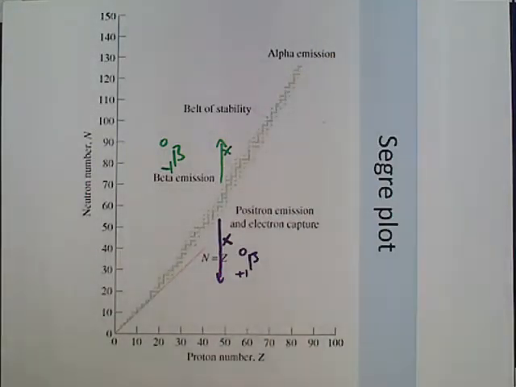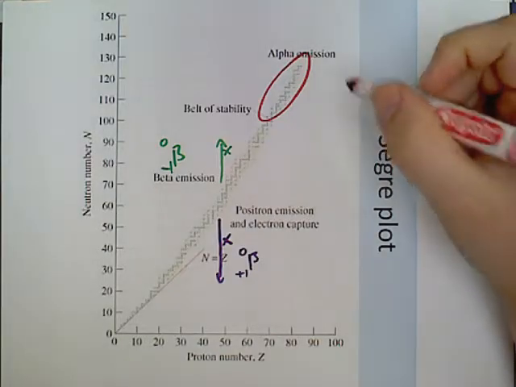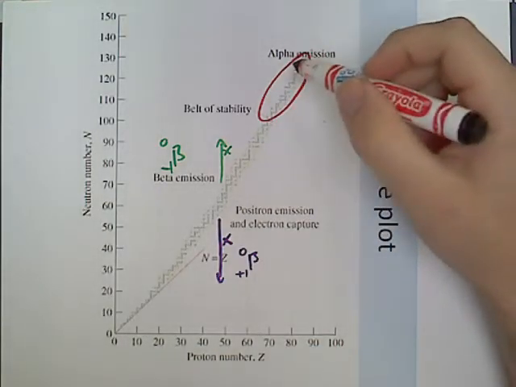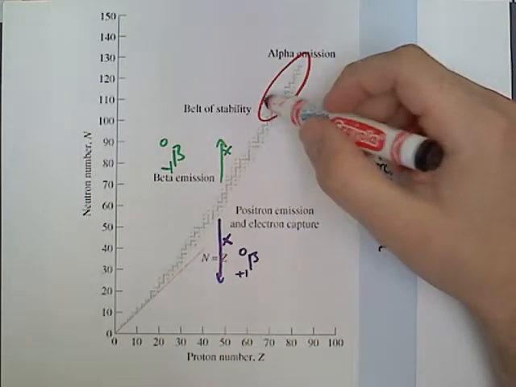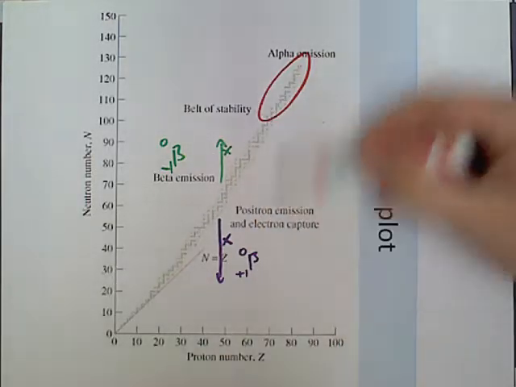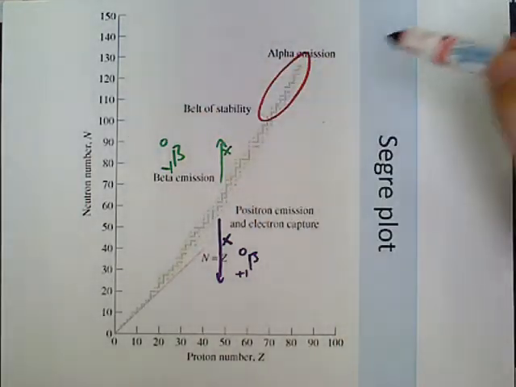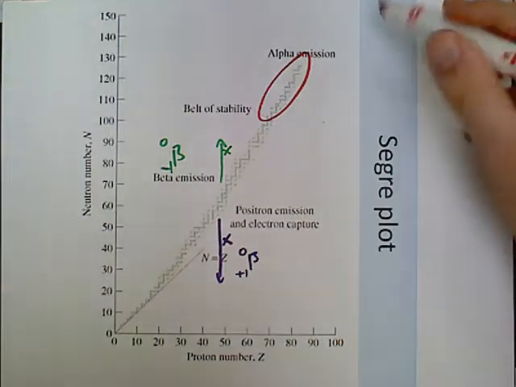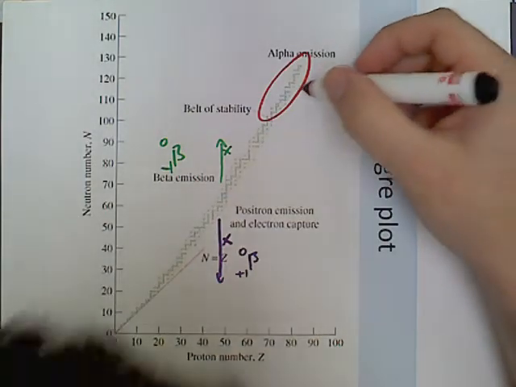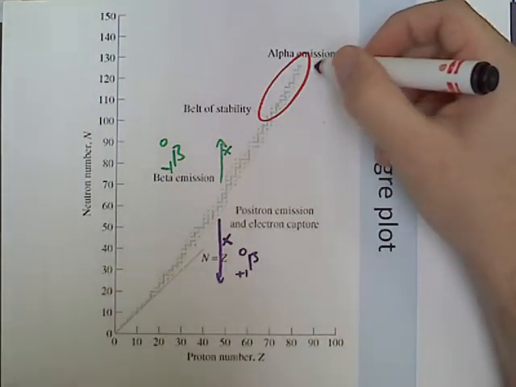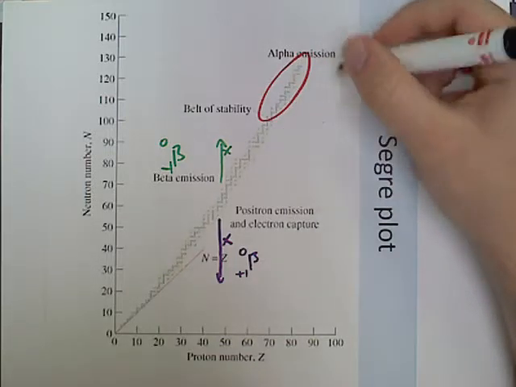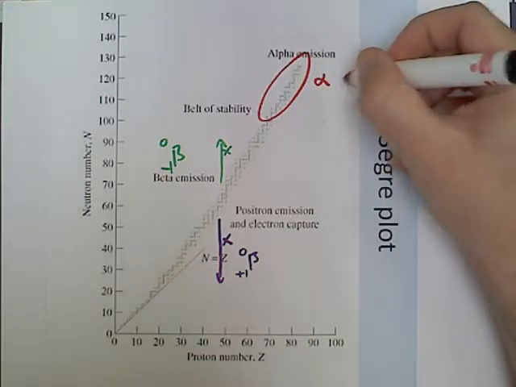But what happens if we're just huge overall? If we've got a massive atom like up the top here. All the atoms at the top here are absolutely huge and they have really high numbers of neutrons to protons. And actually it's the amount of neutrons that creates that instability in this regard. But what happens in this circumstance at the top here is that we get alpha decay.